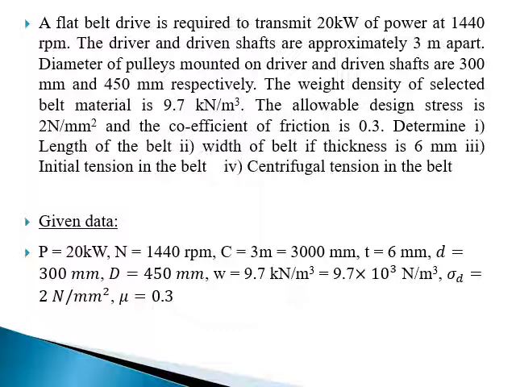Smaller pulley diameter is 300 millimeters and the bigger pulley is a diameter of 450 millimeters, capital D, and weight density 9.7 kilonewton per meter cube, that is 9.7 into 10 to the power 3 newton per meter cube. And the design stress sigma d is 2 newton per millimeter square and the coefficient of friction mu is equal to 0.3. So these are the data we have for this problem.